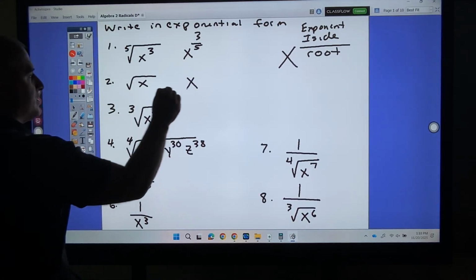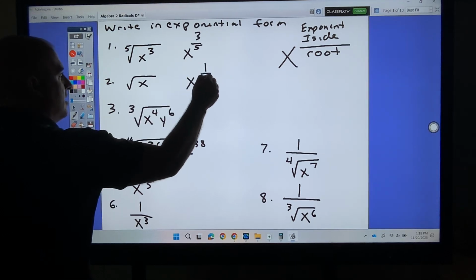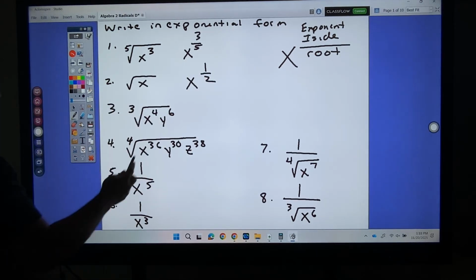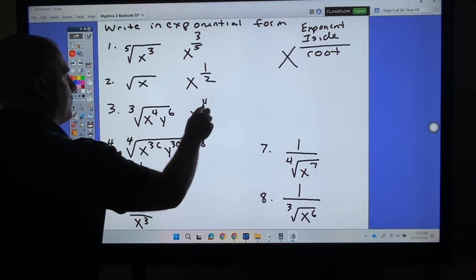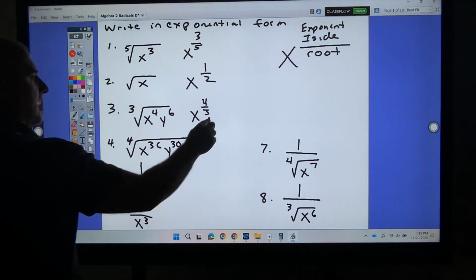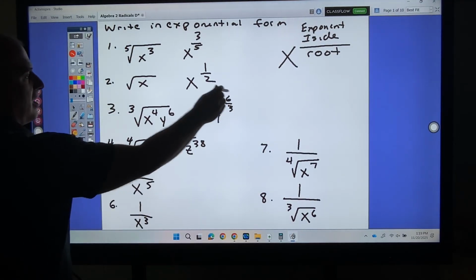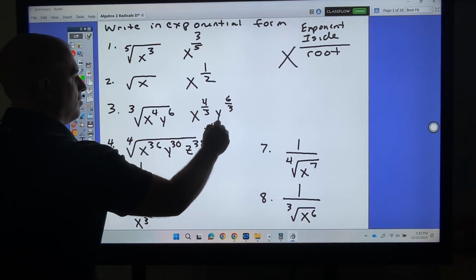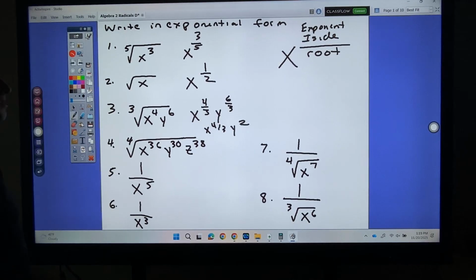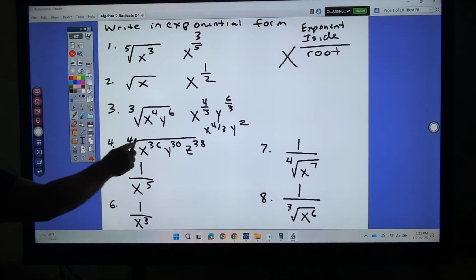This one sometimes causes confusion, but that's a 1 with a square root, okay? This here is a 4/3, okay? A y to the 6/3. Now, 6/3 would reduce to 2, okay? Same thing here.